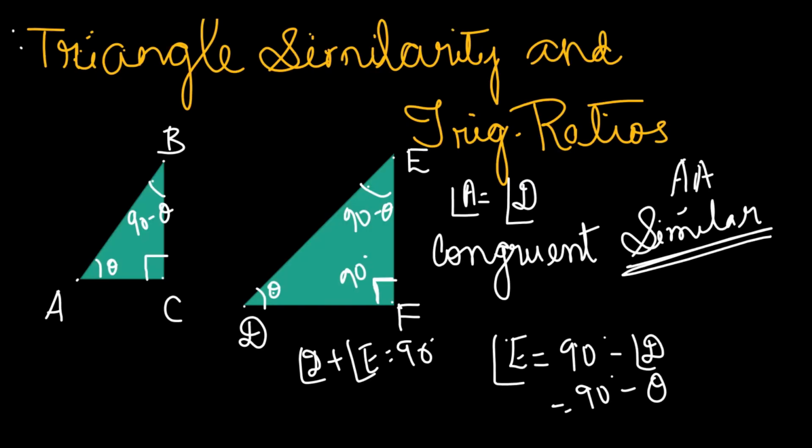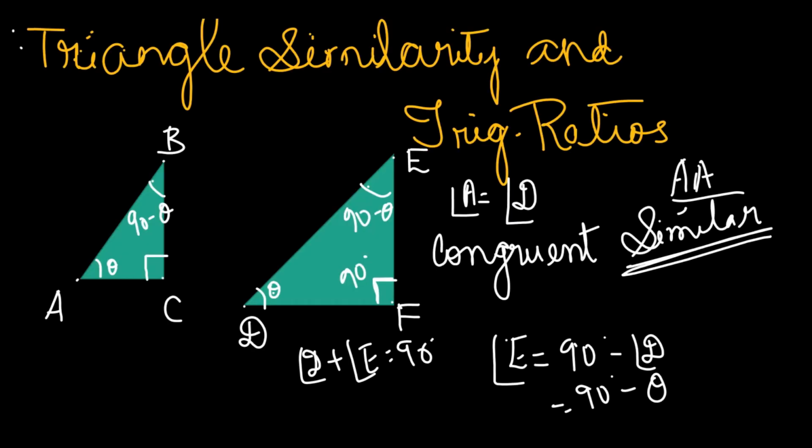I already spoke about the AA condition, that is angle angle. Now for similarity there is one more condition known as SSS, which states if two triangles have three pairs of sides in the same ratio, then the triangles are similar.